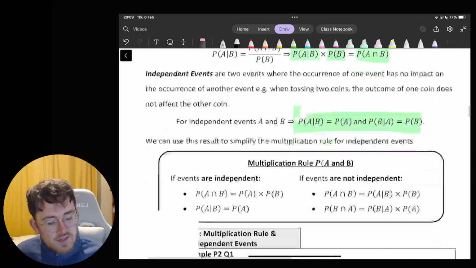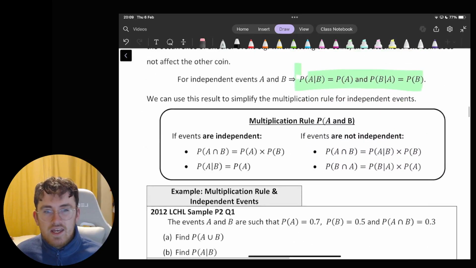And that's going to slightly change our multiplication rule. You're going to find that we're going to be looking a lot of the time for independent events. They do make things a lot easier for us. So if events are independent, then the probability of 2 things happening, A and B, is just we multiply the 2 probabilities.